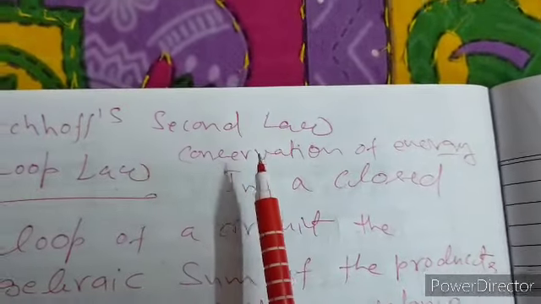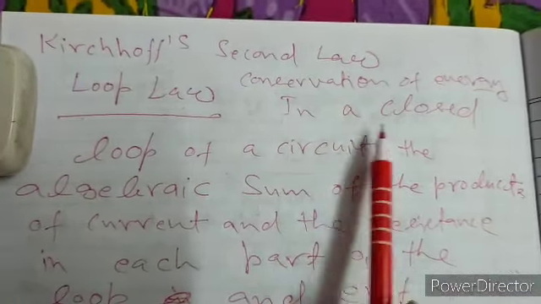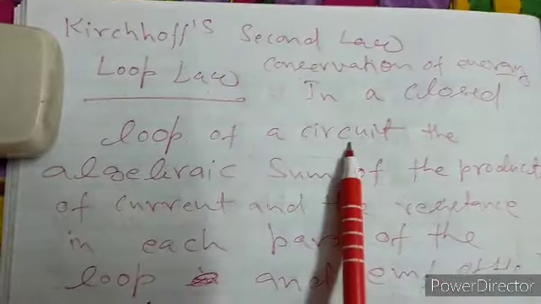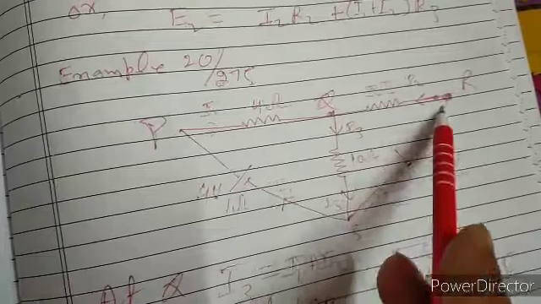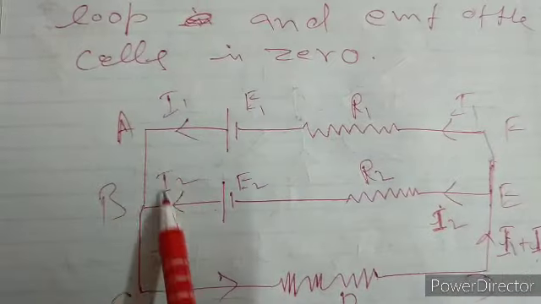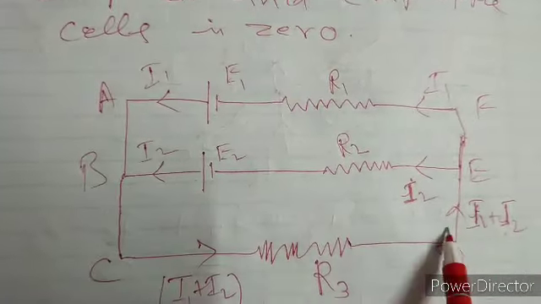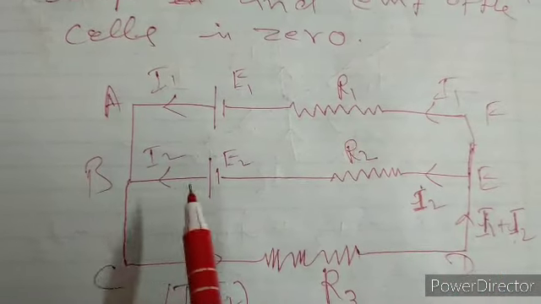What is loop law? This states that in a closed loop of a circuit, like this, this is also a closed loop of a circuit. Here this is A, B, E, F, A, a closed loop of a circuit. B, C, D, E, B, a closed loop of a circuit.